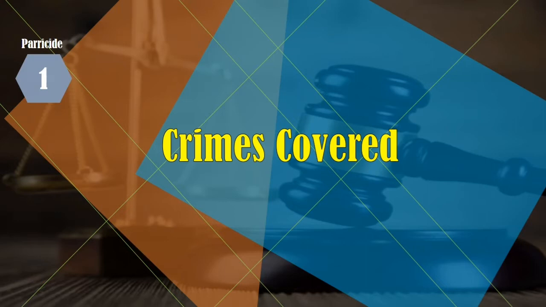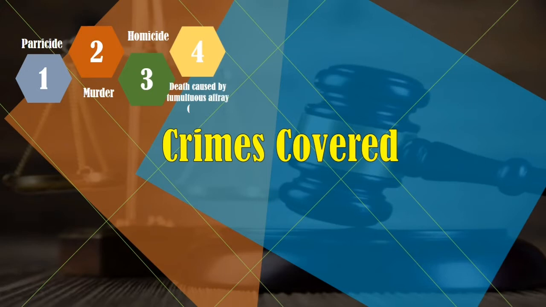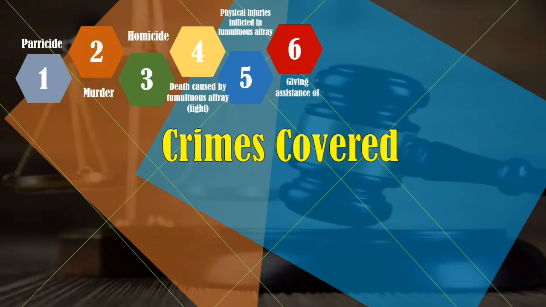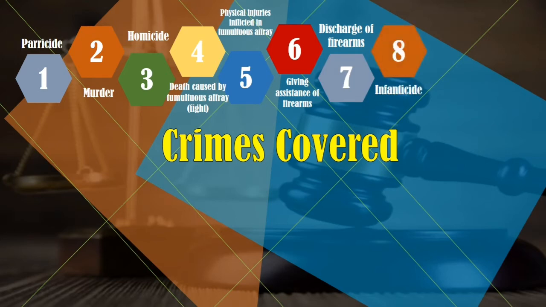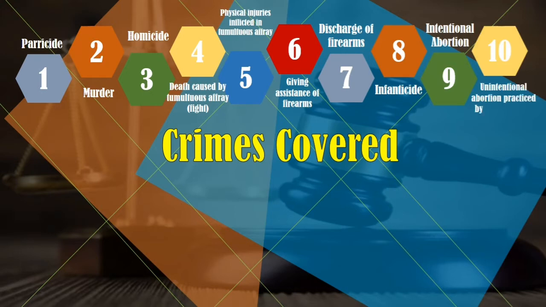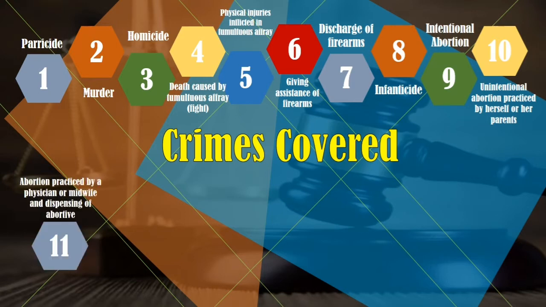One is parricide, two murder, three homicide, four death caused by tumultuous affray or fight, five physical injuries inflicted in tumultuous affray, giving assistance to suicide, discharge of firearms, infanticide, intentional abortion, unintentional abortion, abortion practiced by the woman herself or her parents, abortion practiced by a physician or midwife in dispensing abortives.